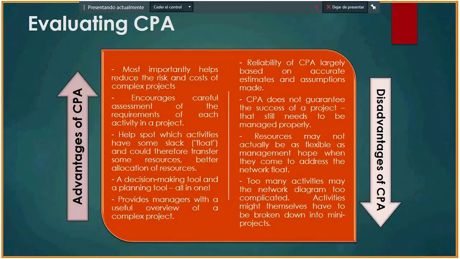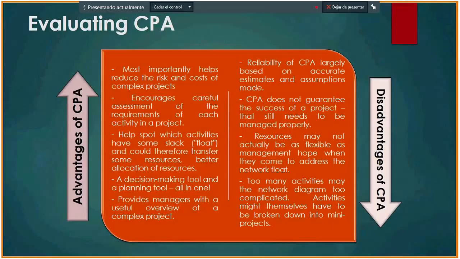Okay, disadvantages of CPA. The reliability of CPA is largely based on the accuracy of the estimates and assumptions made. CPA does not guarantee the success of a project. That still needs to be managed properly.